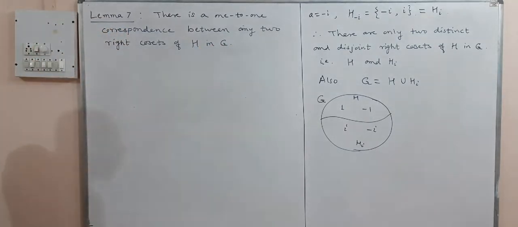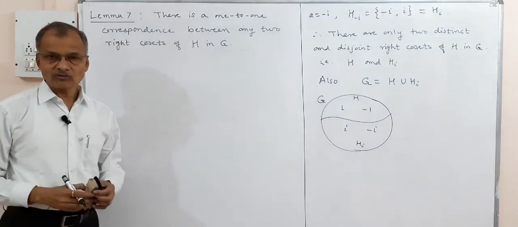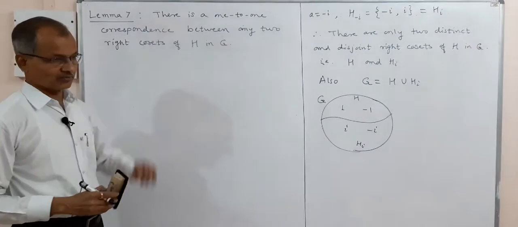There is a one-to-one correspondence between any two right cosets of H in G.